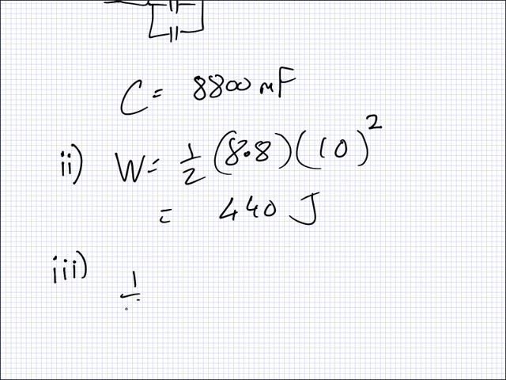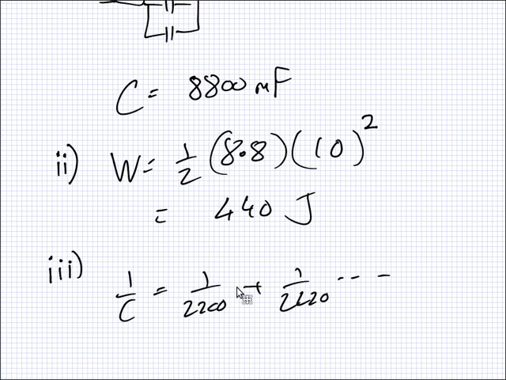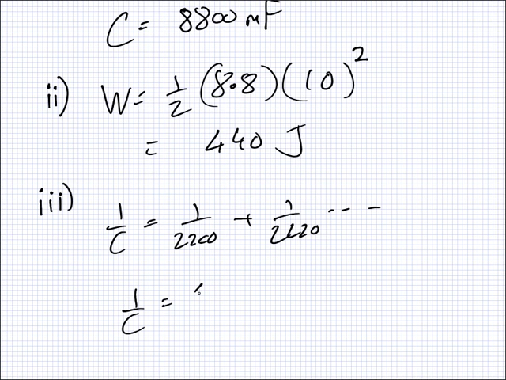So 1 over C is 1 over 2,200 plus 1 over 2,200, 4 times. So 1 over C is 4 over 2,200. So C is, what's it, 550? If you flip it, 550.